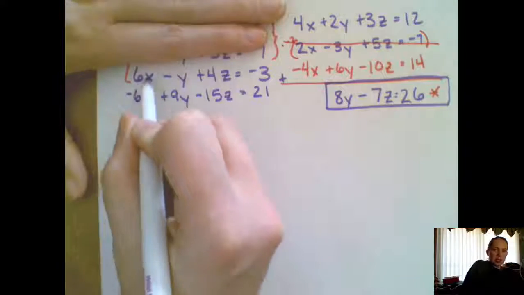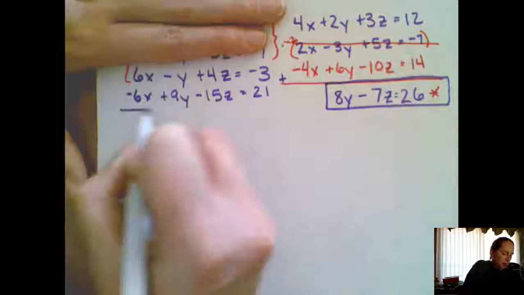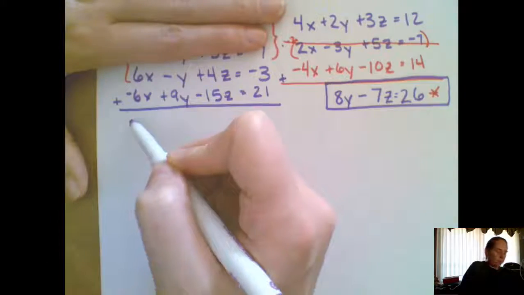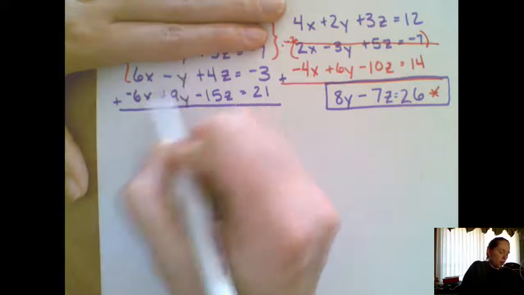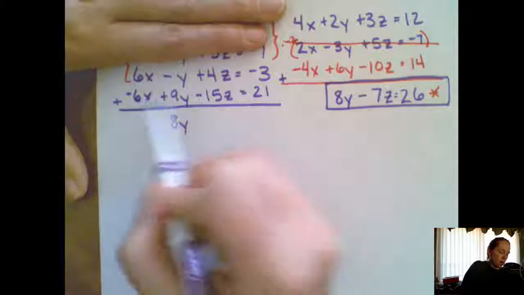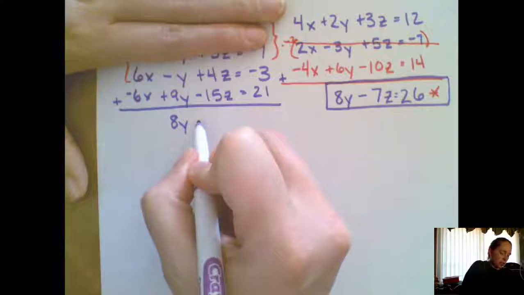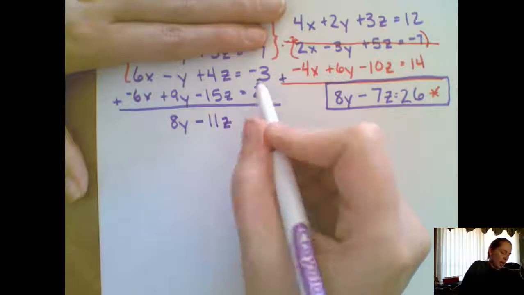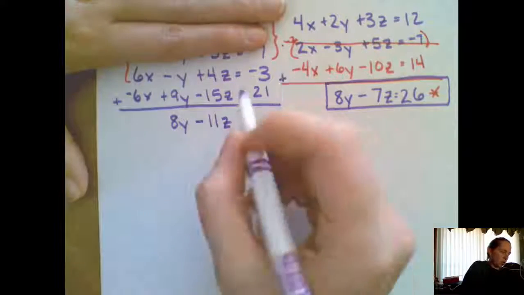Our goal was to get the x's to go away, and that's what's going to happen. We're going to add them together. These have eliminated. Negative 1y plus 9y is 8y. 4 plus negative 15z is negative 11z. And negative 3 plus 21 is 18.